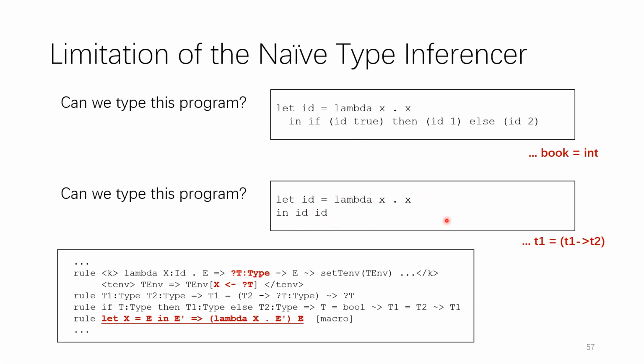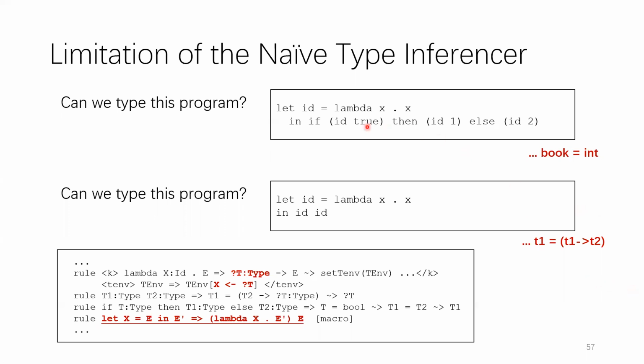By the typing rule of application, this means that we need alpha to equal alpha to alpha, which is not possible because we're in a simply typed system. Alpha is not equal to the function type alpha to alpha, so it has no solution.